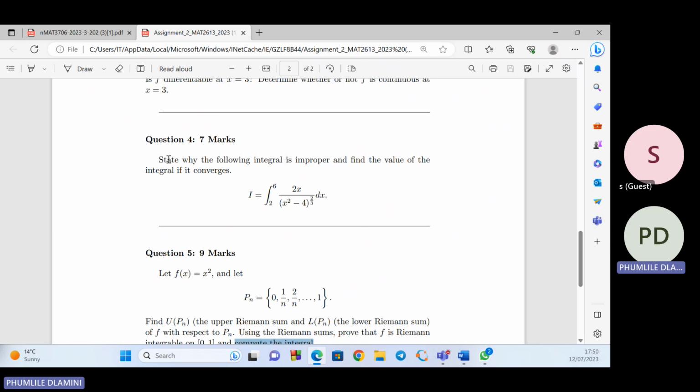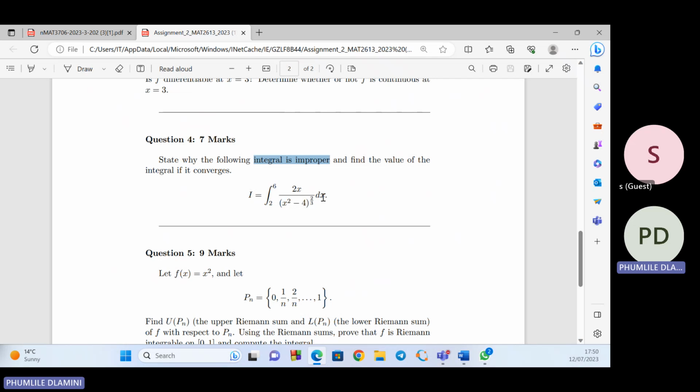This question says, state why the following integral is improper. We have an answer why this is improper. And again, it says, find the value of the integral if it converges. We just proved that this can converge, and we have found the value of the integral.